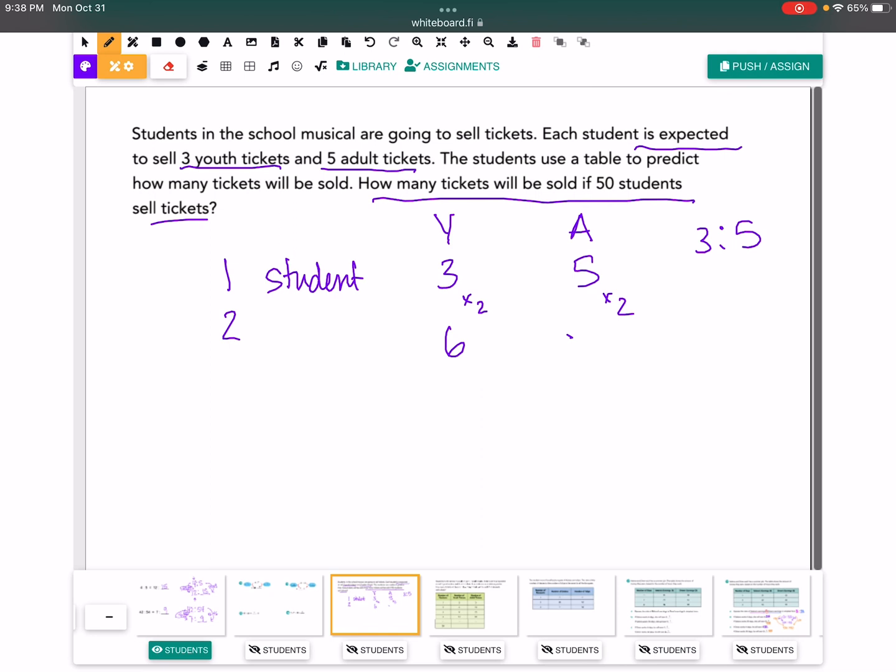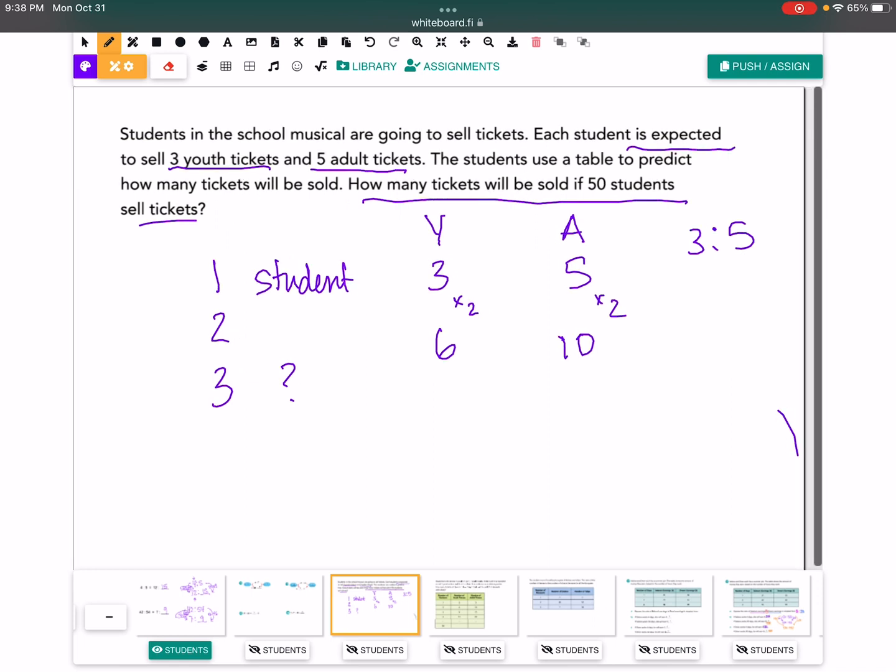And for adult tickets, not just 5 adult tickets, but 5 times 2, which is going to give us 10. What about if there are 3 students? What then? Well, if you said you're going to multiply 3 times 3 and get 9, and 5 times 3 and get 15, you are absolutely correct. This is how our ratios are going to increase as we go along.